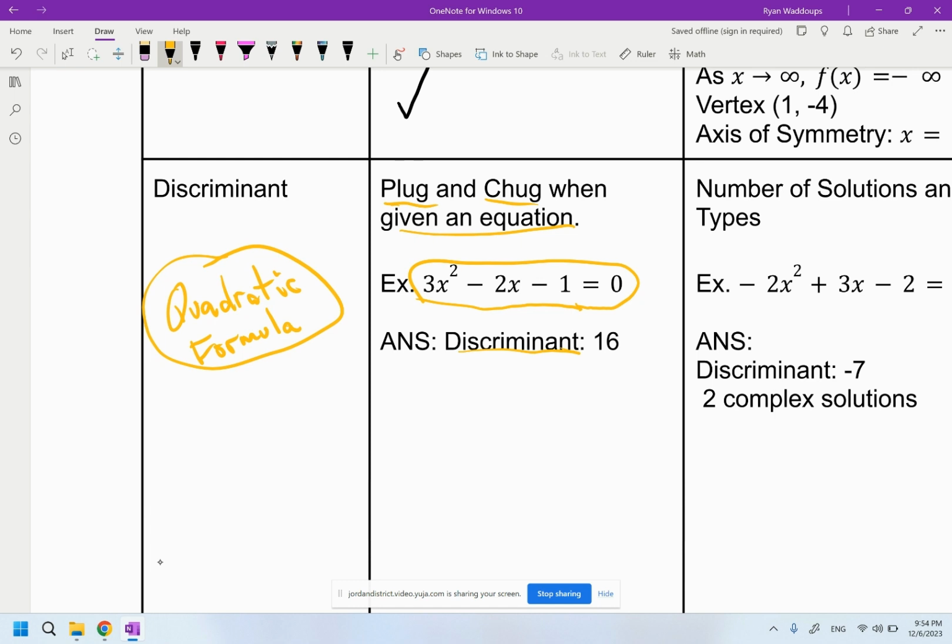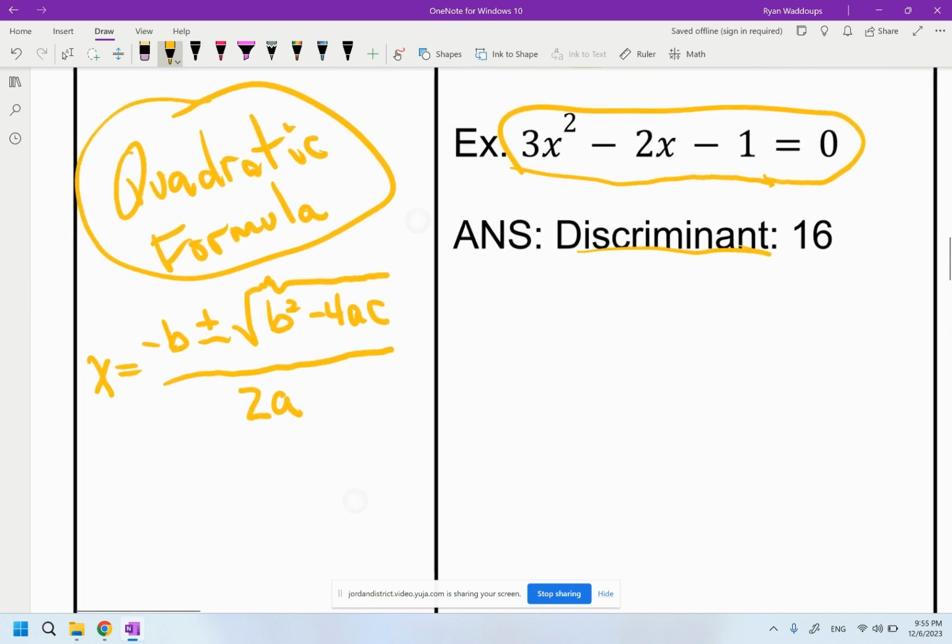So I'm going to sing it. Here goes. X equals negative b plus or minus the square root b squared minus 4ac all over 2a. Now, that's it. That's what the quadratic formula is.